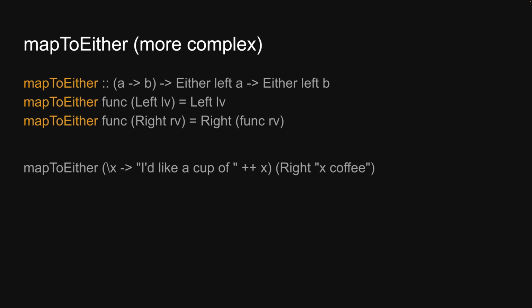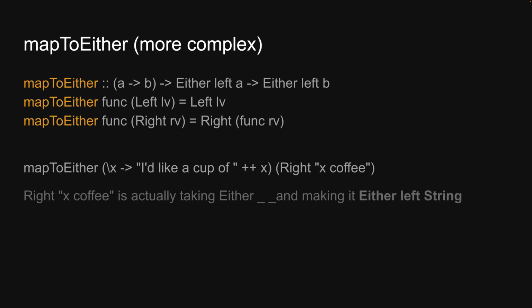If you had this function that said X and you're applying "I'd like a cup of" ++ X, and you applied that to something that evaluated to Right X coffee, you would get the right X coffee, and the function applying "I'd like a cup of" into whatever that right value is, which is X coffee.